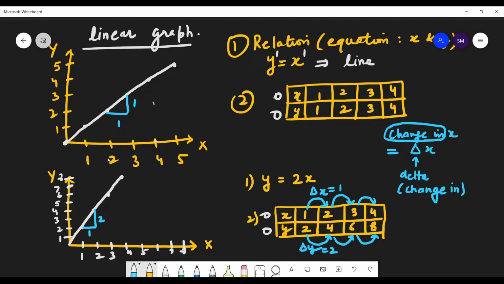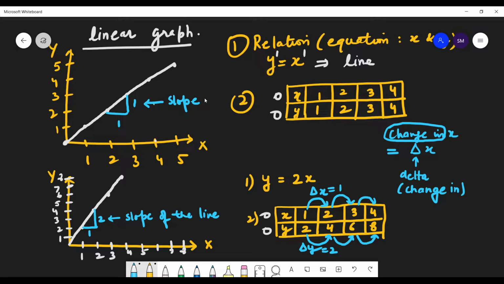So, this is another definition of slope. How much you are changing on the y-axis is the slope of the line. If you change x by 1 point, how much is the change along the y-axis? That is your slope of the line.